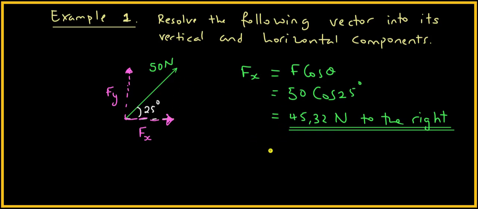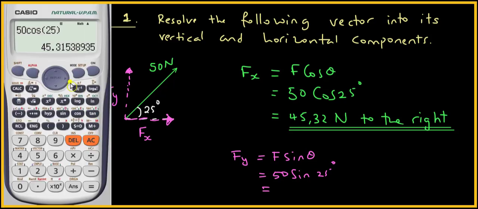And how do I find Fy? Fy is equal to F sine theta, which is equal to 50 sine 25. On my calculator, I get 21.13.